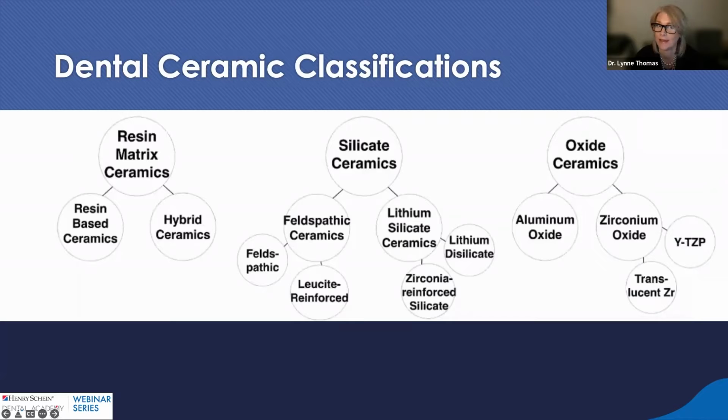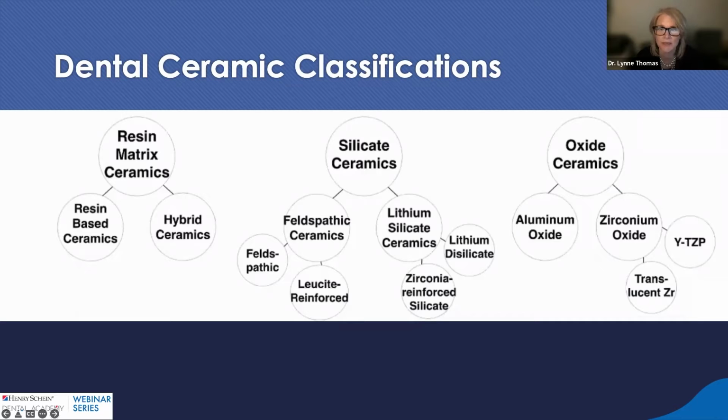I still have lots of those restorations out there, and they are just pumping along. They're great. And then we also had Empress CAD. That's a very aesthetic leucite reinforced ceramic that's really pretty. So I definitely would recommend that you experiment with those a little bit. And then we also had a resin block that was the Paradigm.